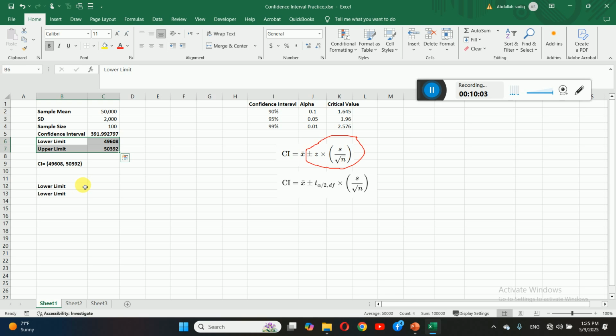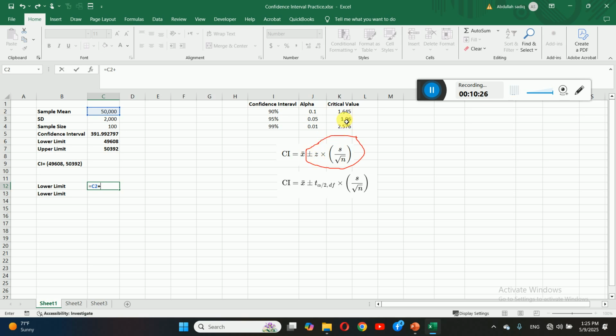But you can also find the confidence interval by the manual method. This is this method, very easy. You can use the equal sign. In this method we have X bar, the sample mean, and then plus the Z score. This is the critical value, based on 95%.